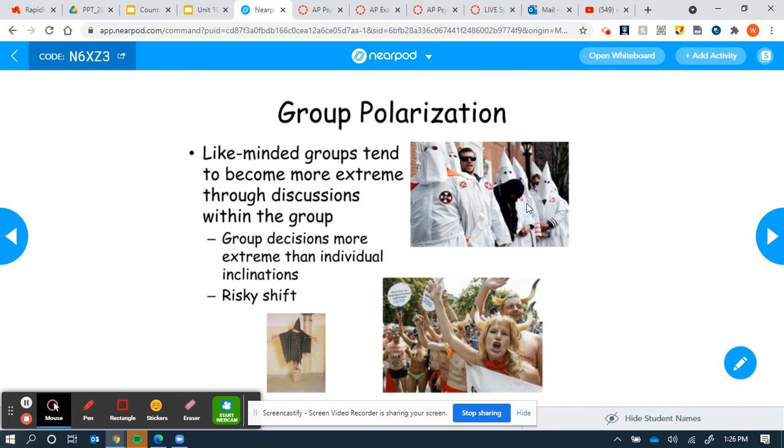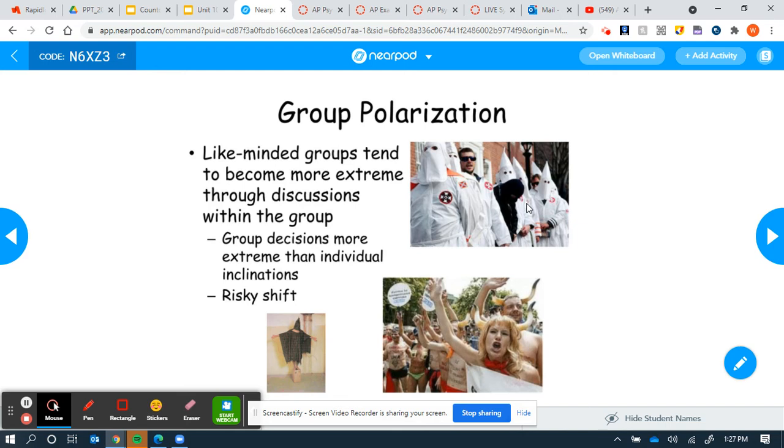This is called group polarization. Group polarization is our tendency, polarizing is going to the extremes. Group polarization is our tendency, when we are in a like-minded group, the individual opinions about something are generally going to be more moderate than the group opinion about something.